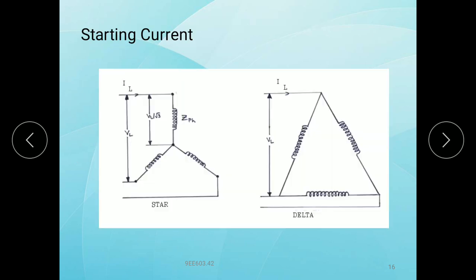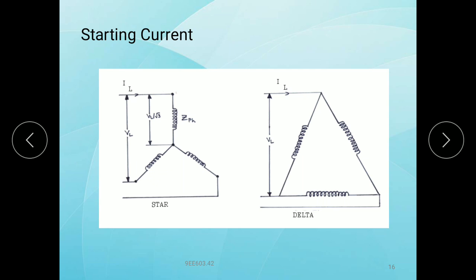Starting current. Here, VL is line voltage. In the star connection, VL by root 3 is phase voltage, and IL is line current.